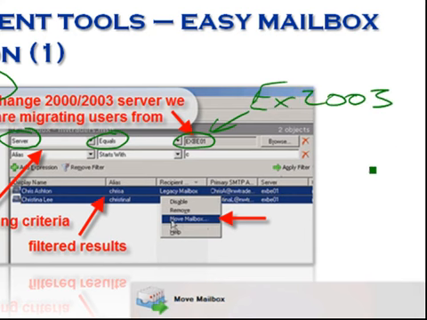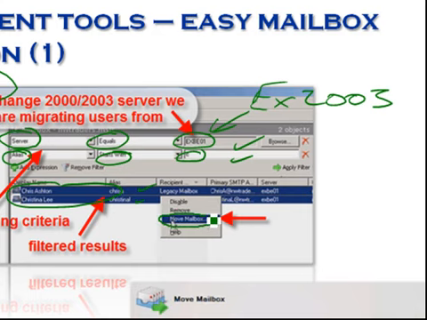And if I don't want to migrate all of the users and I want to do it in small chunks, I can say, okay, well, if their alias starts with C, and of course this criteria can be absolutely anything, by department, whatever you like. Then what this does is that it gives us a set of results, these guys here, and then I simply highlight all of them, shift click kind of thing, and then right click and say move mailbox.